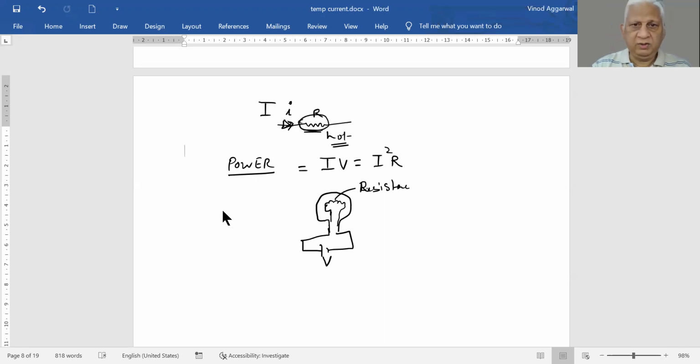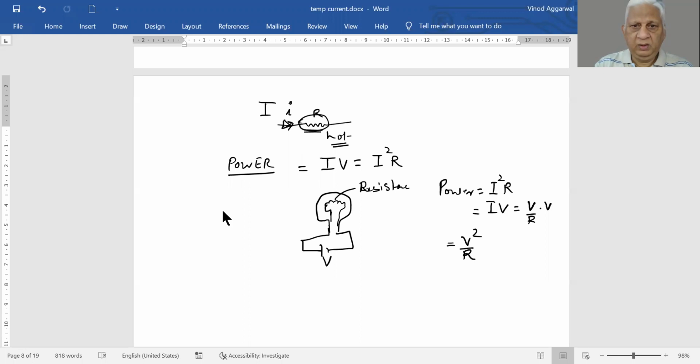If you apply a voltage across it, what will be the power? Power will be I square R. If we convert it into voltage and resistance, it is the same thing as IV, and I is the same as V by R. So it is also equal to V square by R.